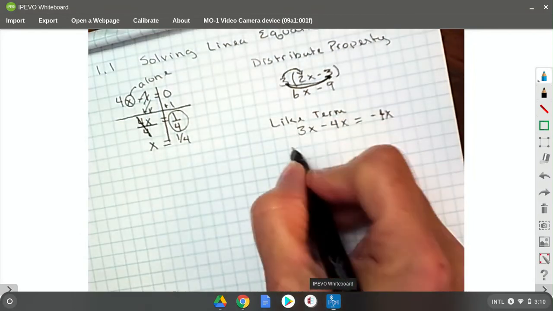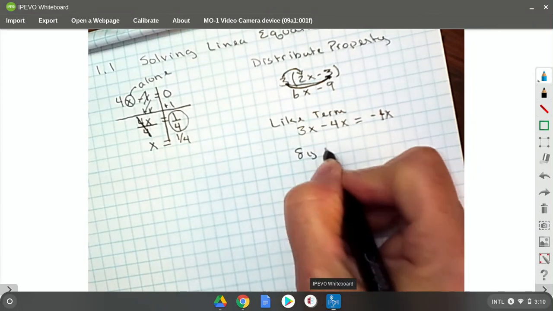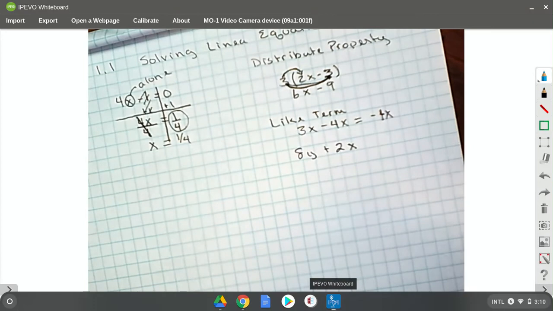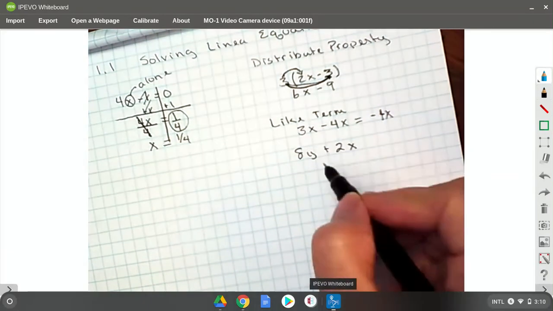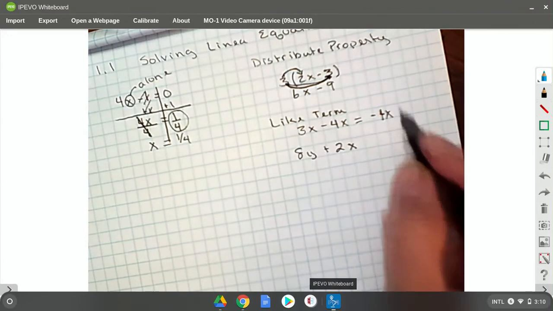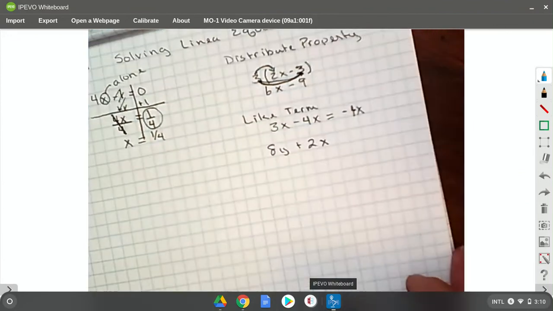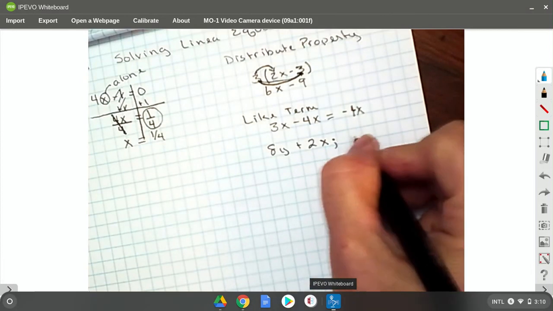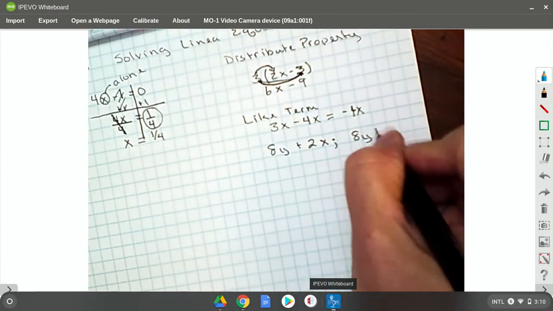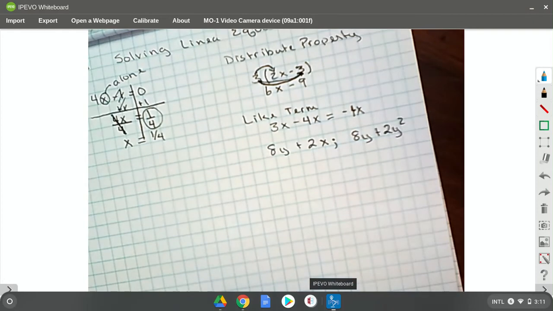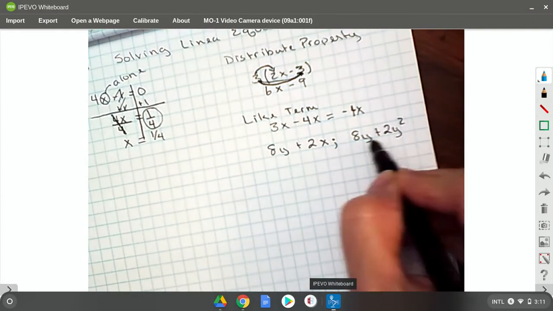What if I had 8y plus 2x? That is simplified. These are not the same, so you cannot put them together. There is no simplifying that one. One that does tend to trip us up is if I had 8y plus 2y squared. Again, these are not the same.